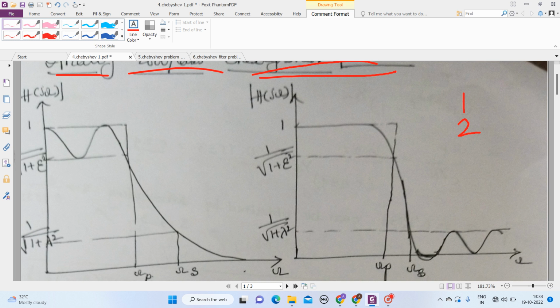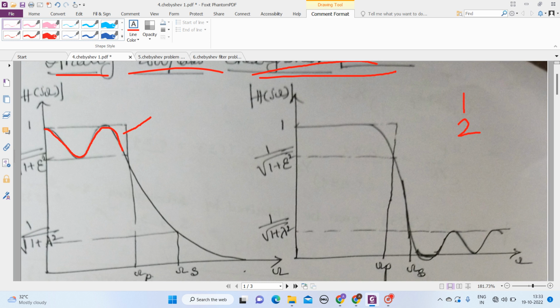In the type 1 filter, all-pole filters, there is no zero in the transfer function, only poles exist. Therefore, it is equiripple. The equiripple is exhibited in the pass band. There is no ripple in the stop band.